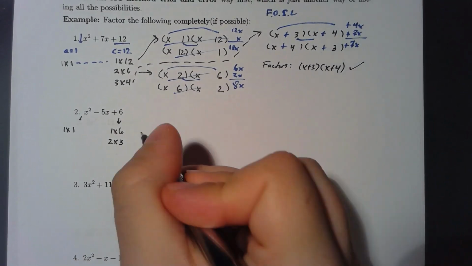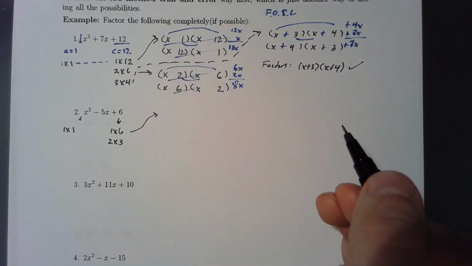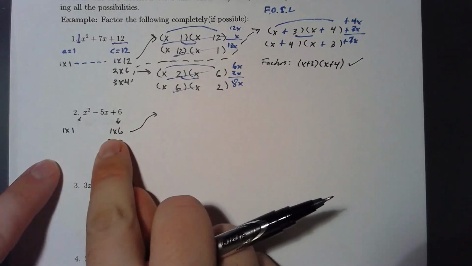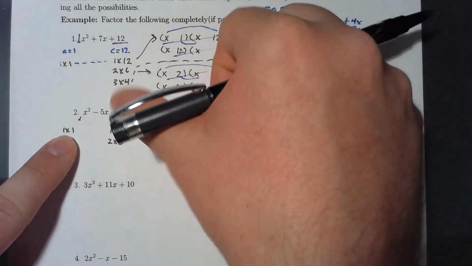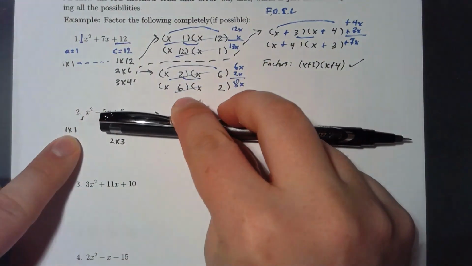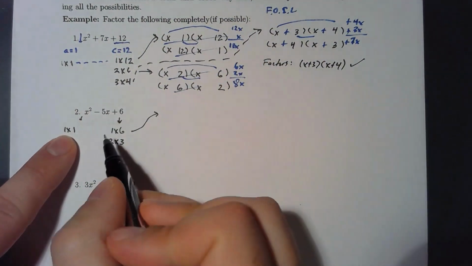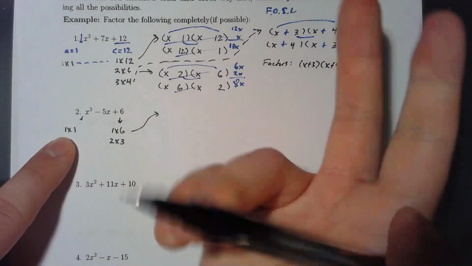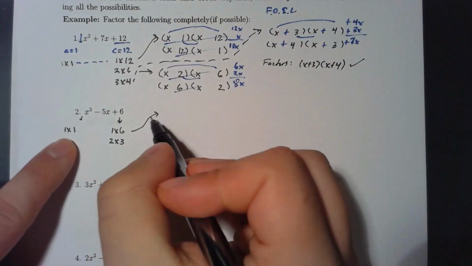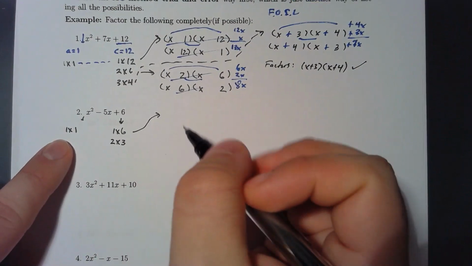So let's list all the possibilities. There's my first pair, and then there's my second pair. Since the leading coefficient here is 1, I don't have to write the same pair twice. So I just have one case of each one.